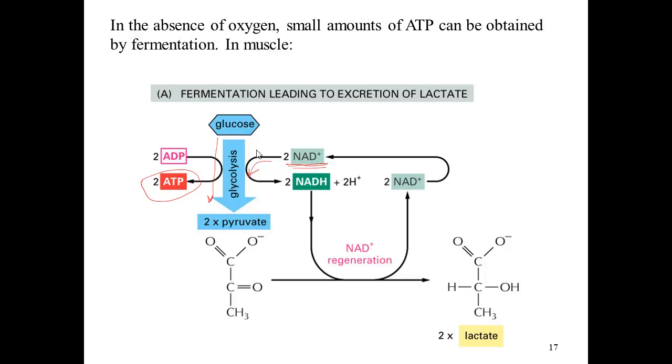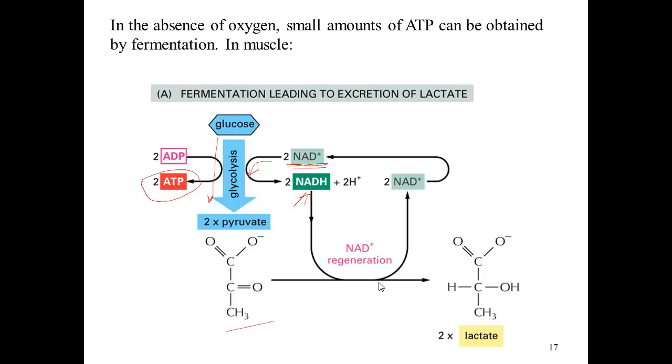The problem is, every time you break down a molecule of glucose, you use up your supply of NAD+, and you're making a lot of NADH, which you have in vast excess, and which is not that useful if there's not oxygen around.